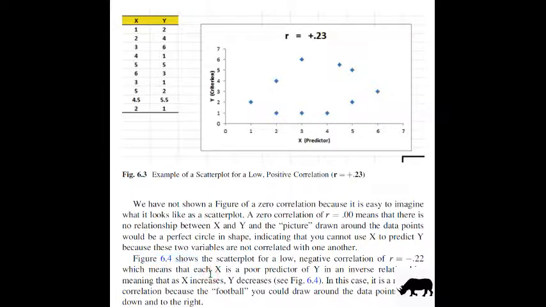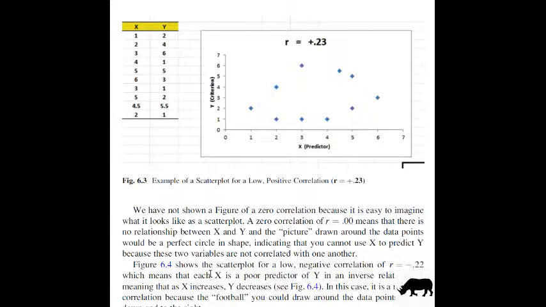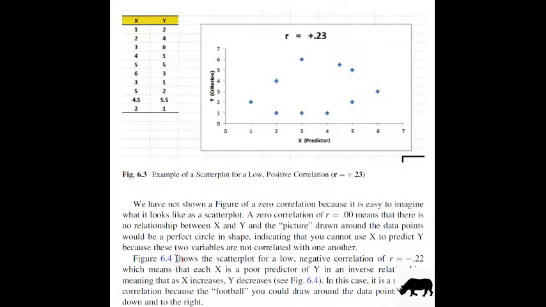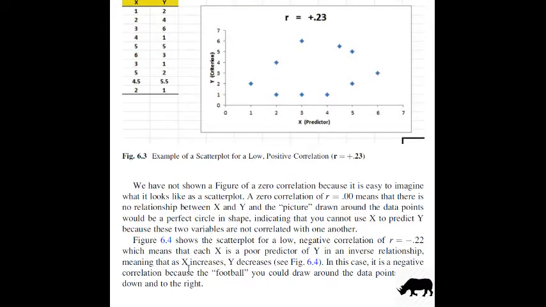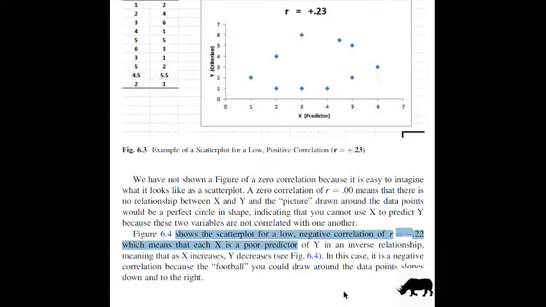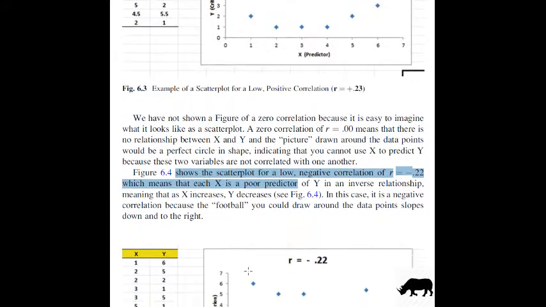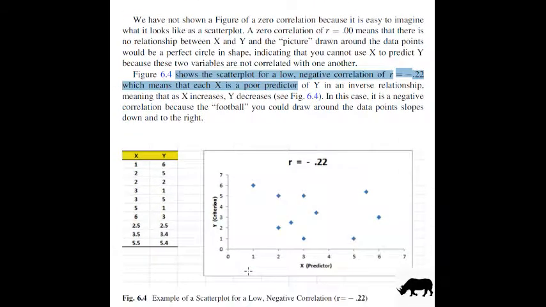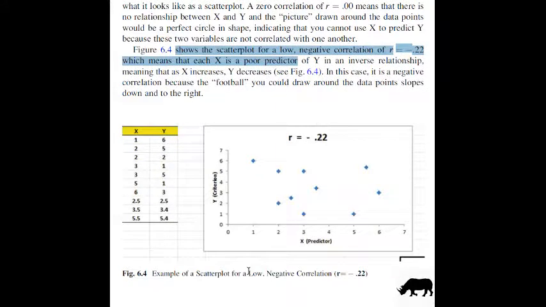Figure 6.3 shows the scatter plot for a low negative correlation of R = -0.22, which means that each x is a poor predictor of y in an inverse relationship, meaning that as x increases, y decreases.